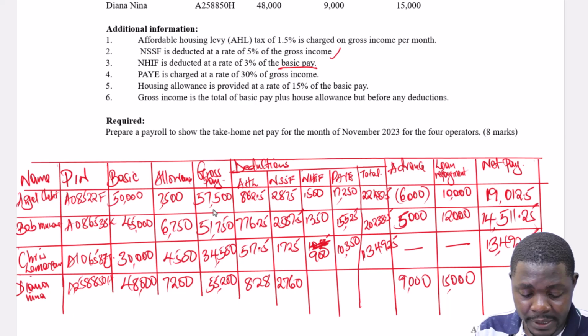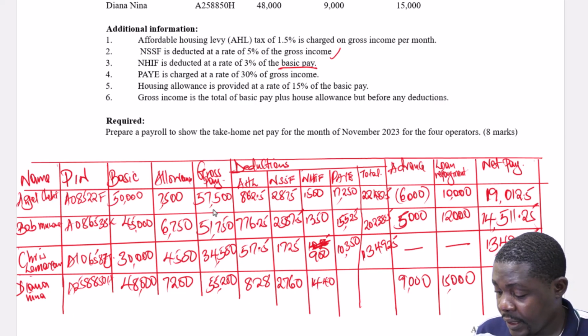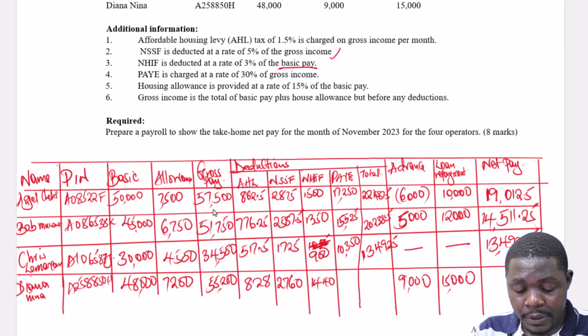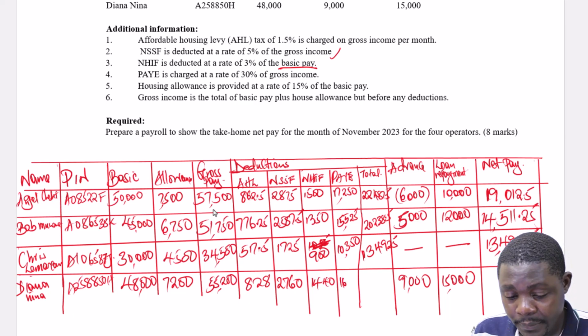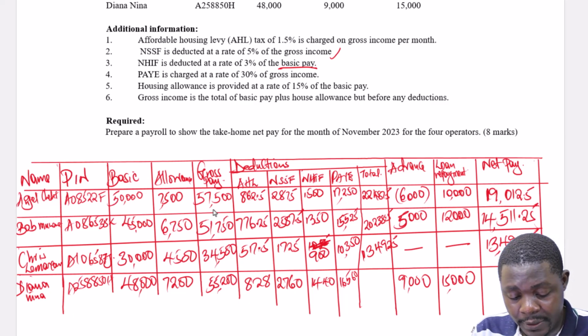NHIF is 3%. NHIF is paying 1,440. Then PAYE 0.3, you multiply by 55,200. It's paying 16,560.